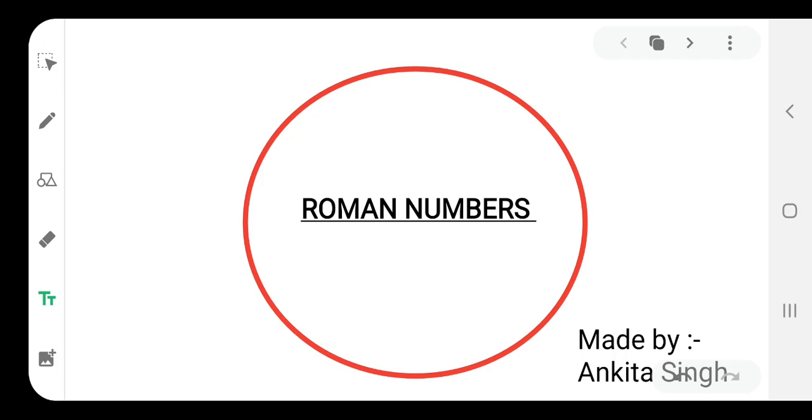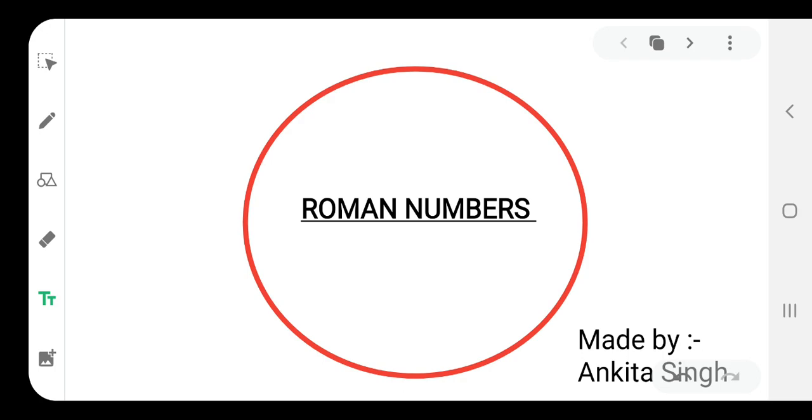So their people used to represent the numbers by using different alphabetical letters. That system is now also being used many a times. We are not using it at high level, but for something or some place we used to see it.